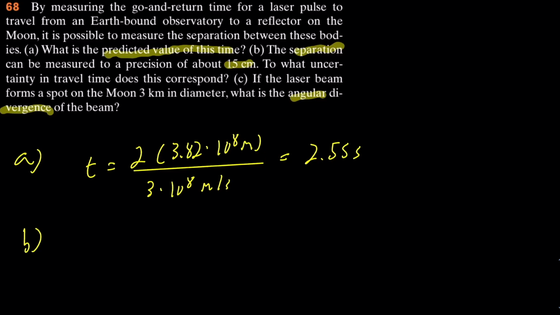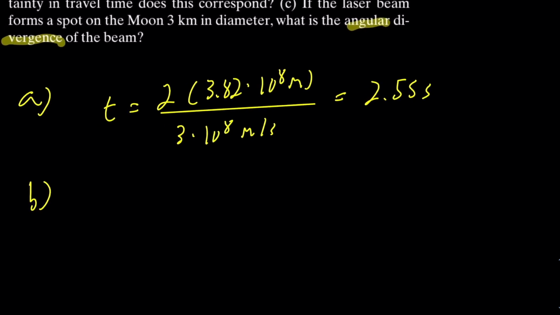Now for part B, we will deduce the uncertainty in time measurement, and we're going to let it be identified by this equation, where, let's choose x. X is equal to the time times the precision, which is 0.15 meters, over 2 times the speed of light.